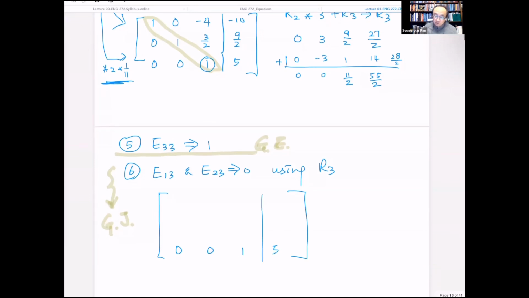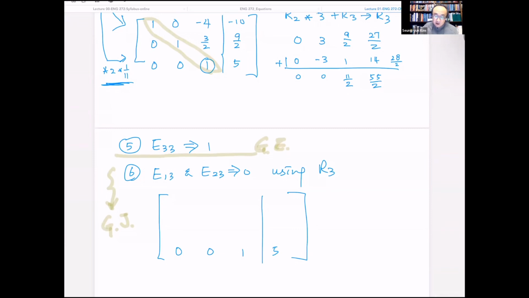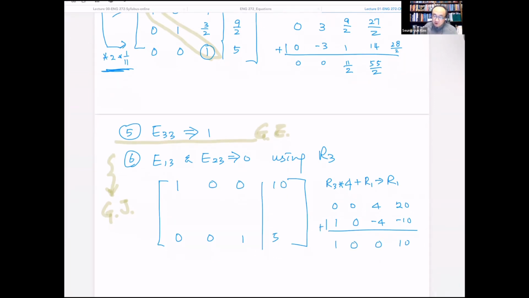And we need to use alpha. By looking at the first row, we have a -4. So I'm going to do R3 times 4 plus R1, put it back to R1. 0, 0, 4, 20, and then 1, 0, -4, -10. We add: 1, 0, 0, 10. For the second row, we see 3 over 2.